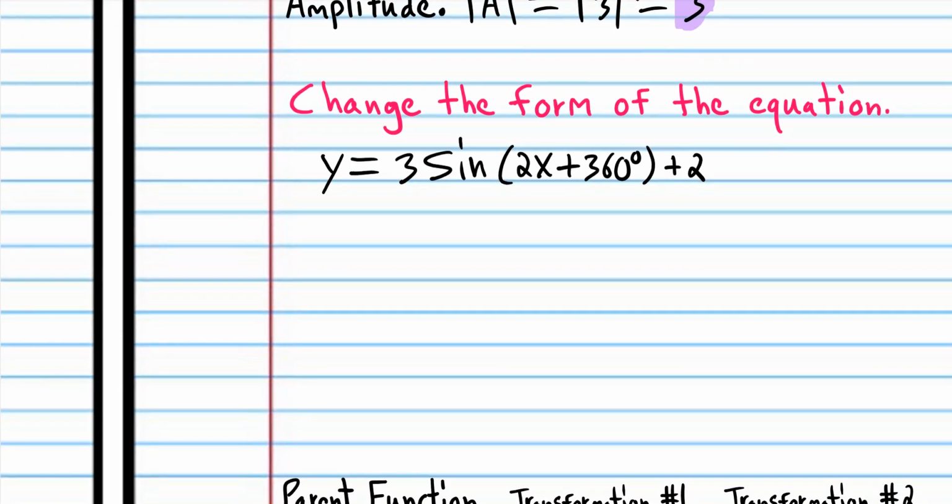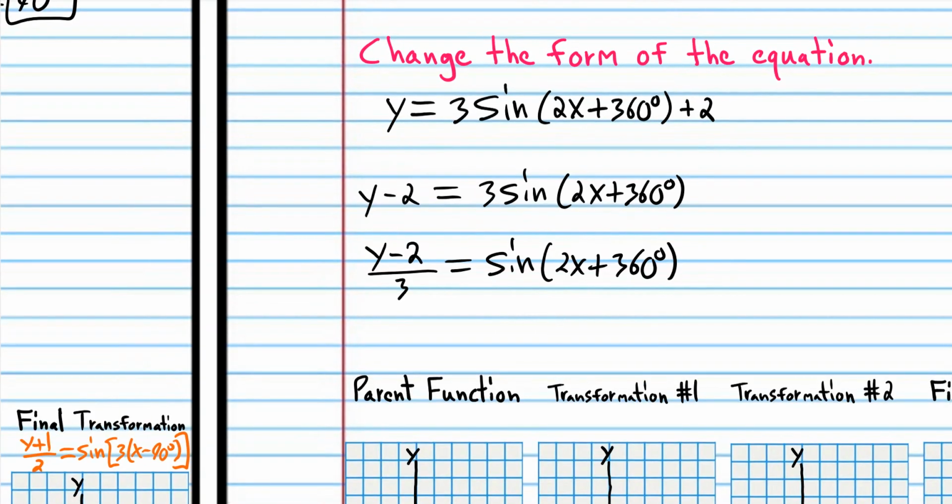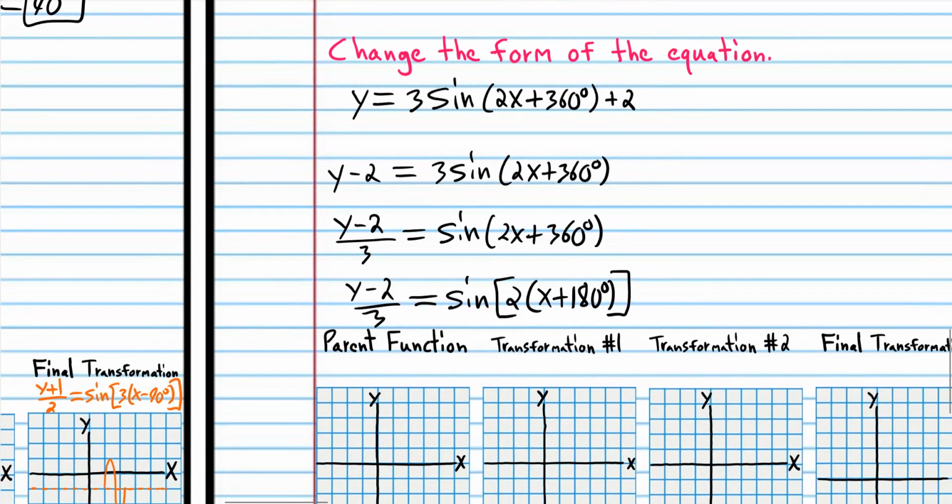So it's very difficult to graph this, but if we subtract 2 from y, and then we divide both sides by 3, and then factor out 2 from inside the sine function, then it makes it much easier for us to graph that equation.